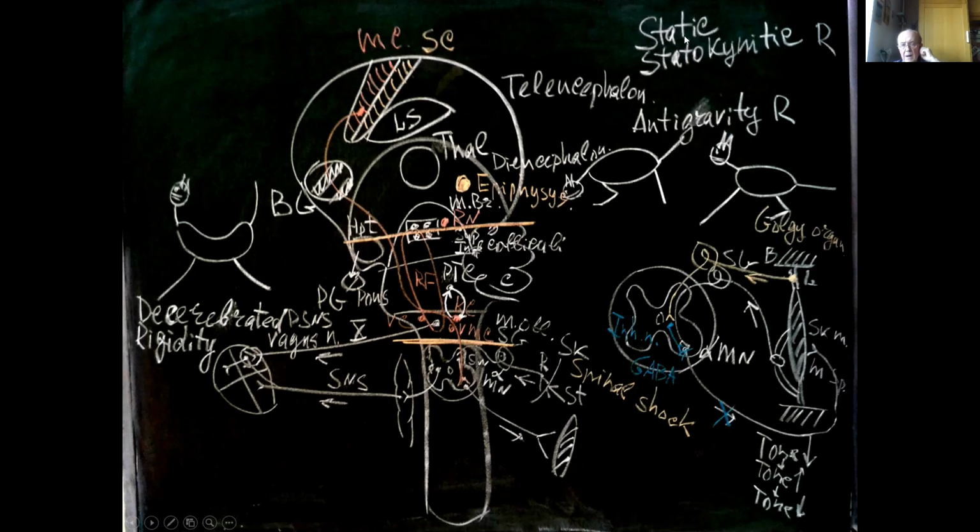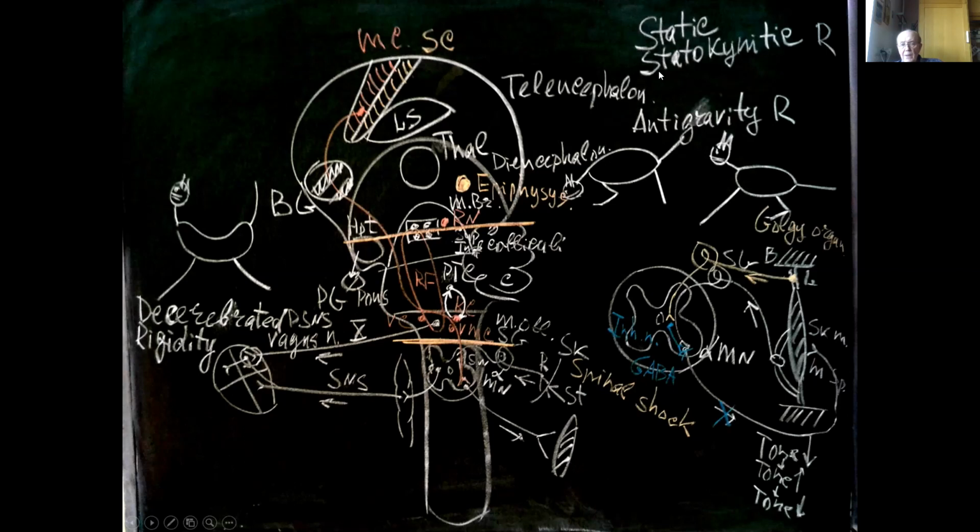Static reflexes ensure the regulation of the muscle tone in a static position without movement of the extremities. And they consist of anti-gravity reflexes. These are two examples of the anti-gravity reflexes, and uprising reflexes.